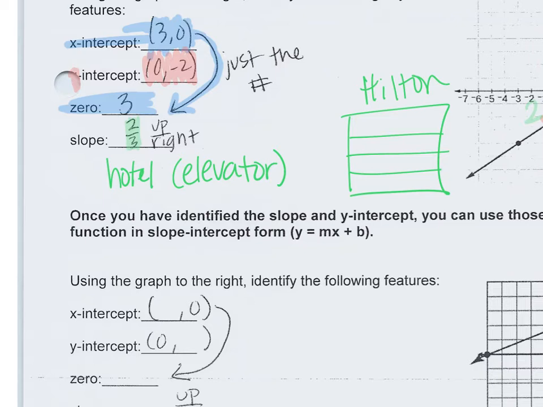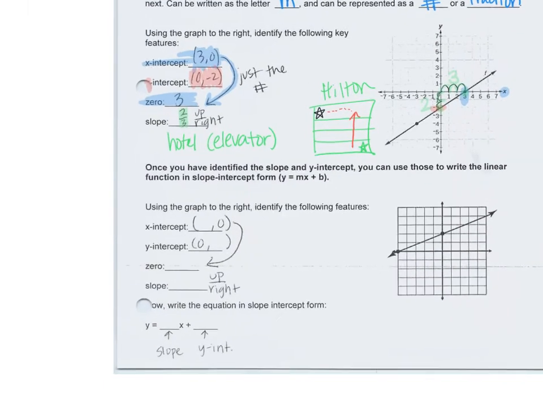So let's say I'm here and I want to get to my friend up here. Well, I can't just walk over here and then jump up to the 4th floor. No. In order for me to get up to here, I have to get in the elevator first and go up the elevator, get off at their floor, and then walk over there. Slope does the same thing. You have to get in the elevator and go up or down first before you can get off on the floor and walk side to side.